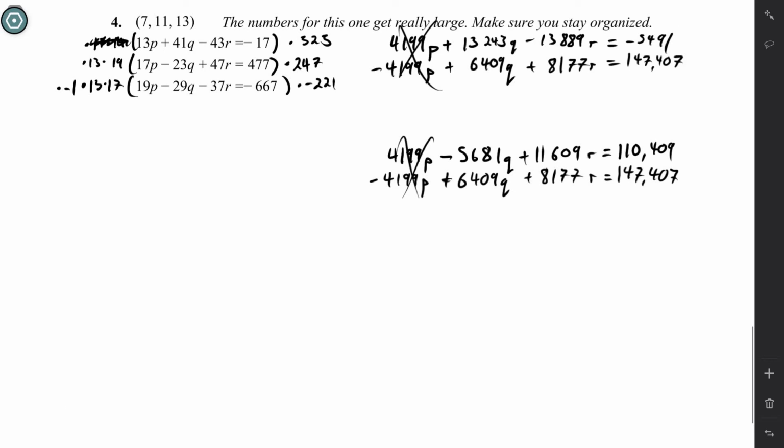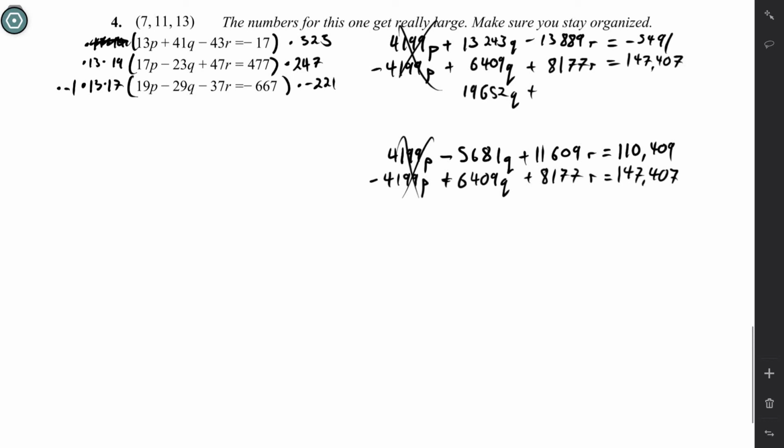So let's add these Q's together. And again, just use your calculator. No reason not to. We have 13,243 plus 6,409. That gives us 19,652 Q plus, let's see, 8,177 minus 13,889 gives us 5,000.